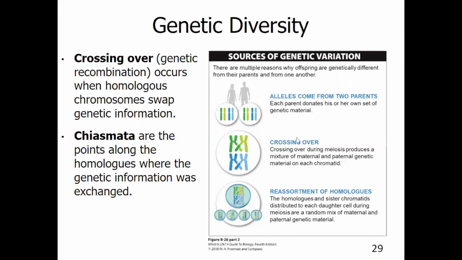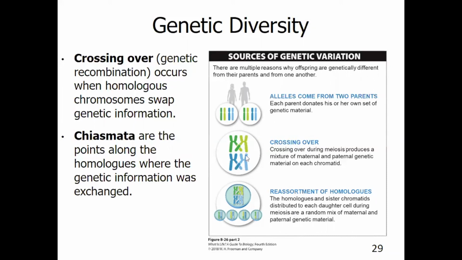Crossing over is when chromosomes will actually swap portions of each other. So here in this darker blue color, we see a set of sister chromatids from mom. And these 2 dark blue chromosomes are identical to one another. They are sister chromatids held together at the centromere.